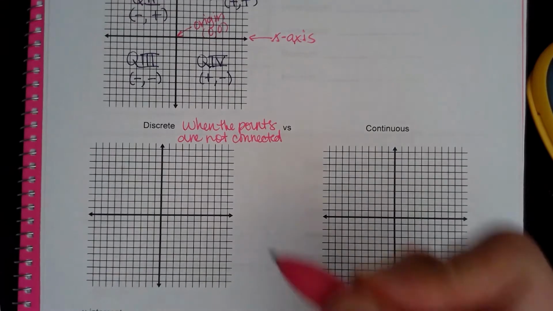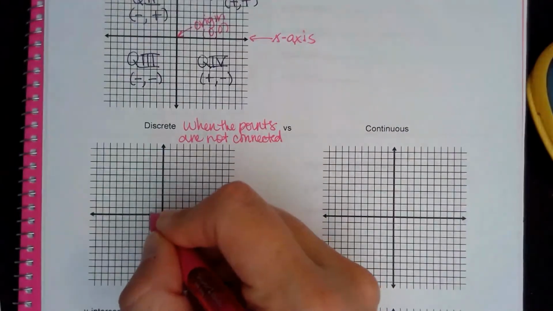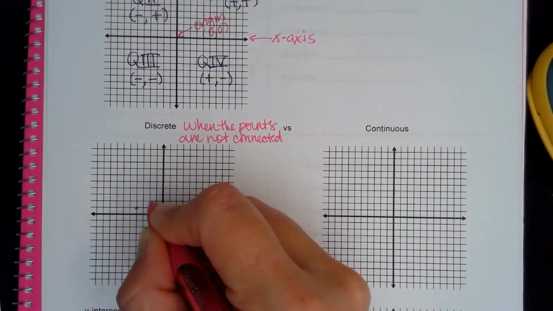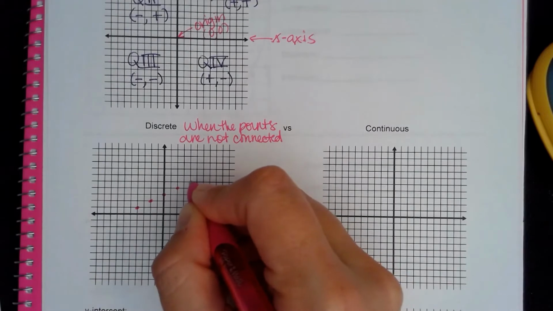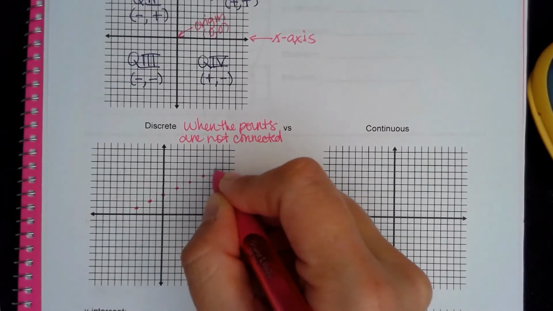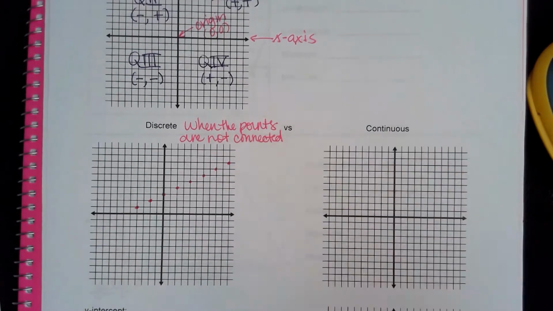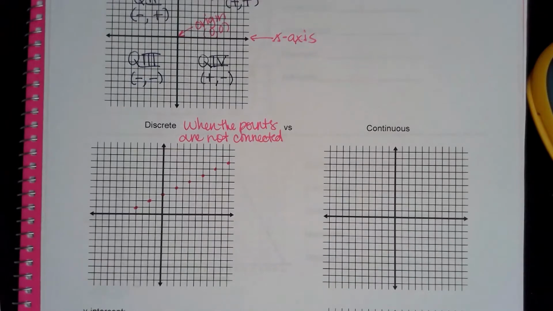And so I could have this graph, okay? And notice I am not connecting my dots. That is a discrete graph, okay?